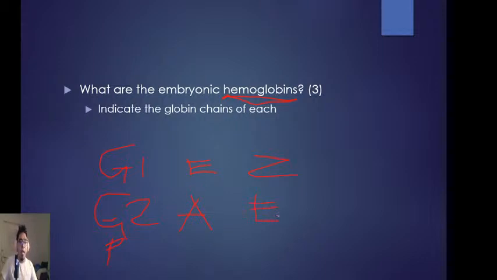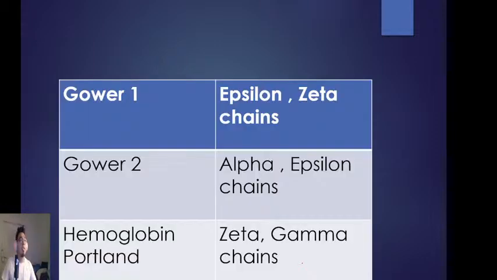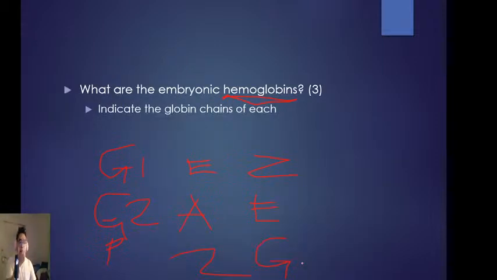And hemoglobin Portland has zeta and gamma chains. ZAG. O diba ang arte? GES, GAY, and ZAG. It's been passed down through the ages. So hopefully you guys will know and remember these embryonic hemoglobins. So this is the answer to your question. Ito yung mnemonic ko: GES, GAY, and ZAG.